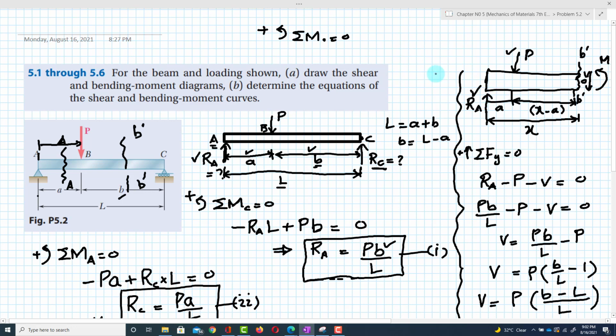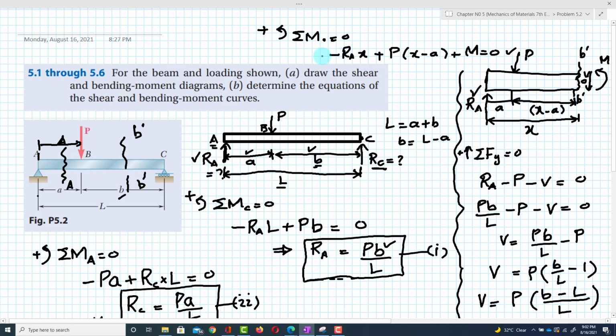There is the RA force into perpendicular distance X, and this creates a clockwise direction, so that will be negative. Minus P into X minus A, and this is creating positive. Plus there is a reaction moment that is given.